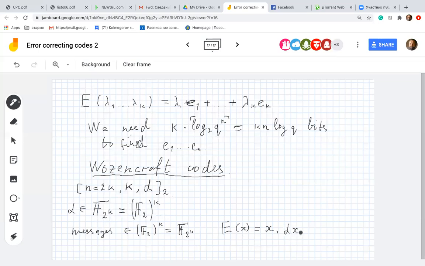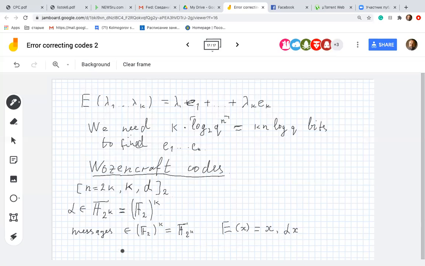And again, we use our isomorphism to find which k-bit sequence corresponds to that element of the field. So this is the encoding of our message.